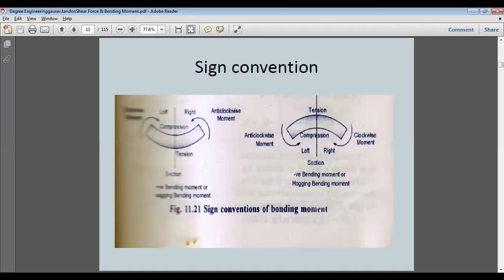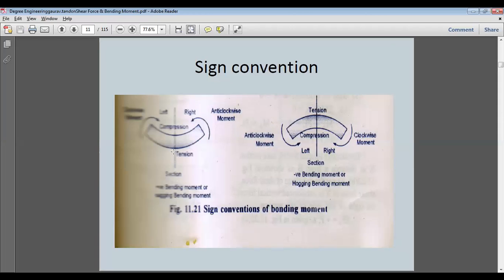This is the sign convention, which we have discussed earlier. If the beam is bulging and the center point of the body is going downwards, the beam is deflected in such a way that it is called sagging.